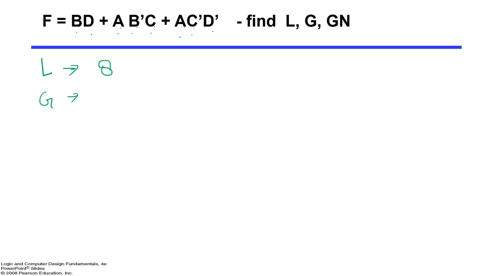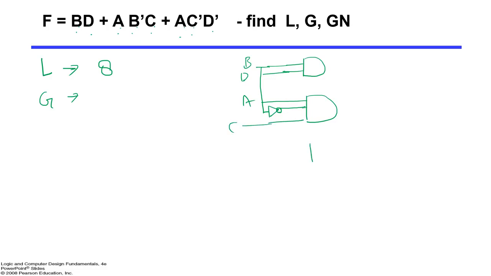Let me draw the circuit, then maybe it will be much easier for you. So we have one AND gate where B and D are the inputs, right? Then we have another AND gate where A is the first input, NOT of B is the second input, let me make the NOT, and C is the third input, right?